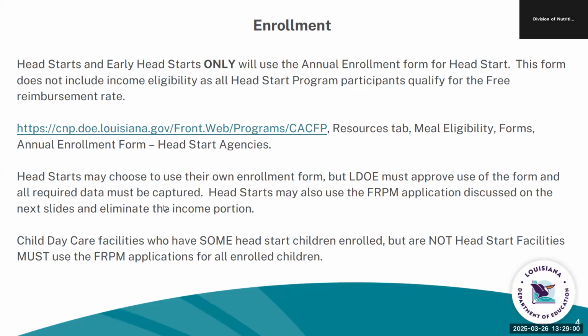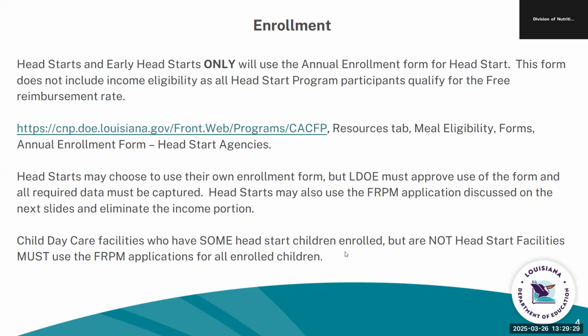So again, just to clarify, a true Head Start affiliated with a school system and mainly on a school system campus, that would use your Head Start applications. If you're running early Head Start programs in a child care center, they still use the free and reduced price meal applications.